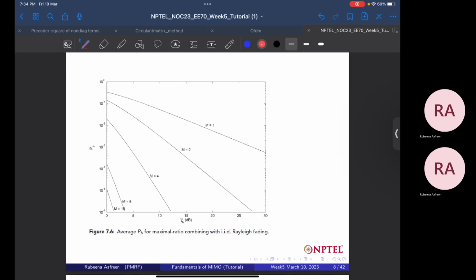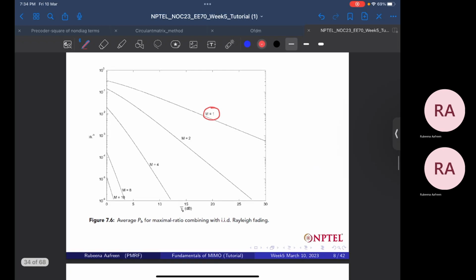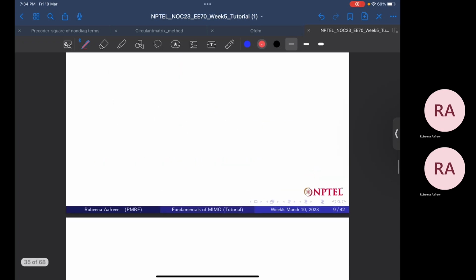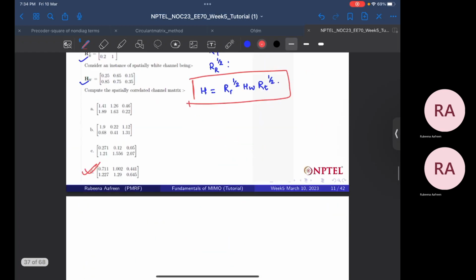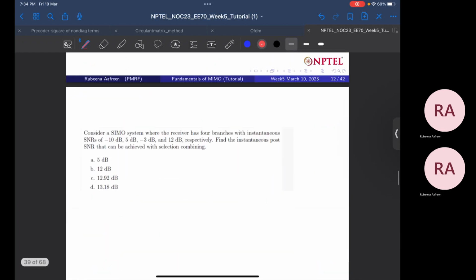You can see m equal to 1 and then m equal to 2, for the same SNR, a very huge dip in probability of error. For this SNR, for m equal to 1, the probability of error is near 0.05 or something, but for m equal to 2, it is going beyond 10 to the power minus 3. So MRC is very, very beneficial. It increases the SNR as well, but it decreases the probability of error very much. So theoretically, this much is fine. Now we will see some questions and then we will close this meeting.